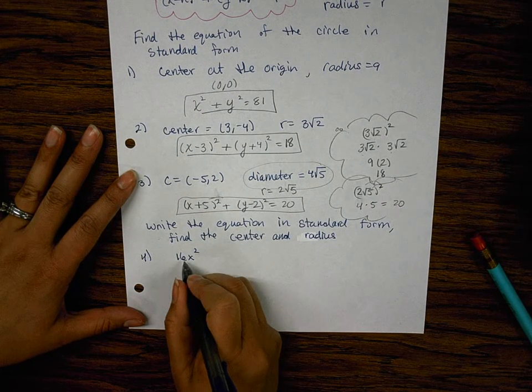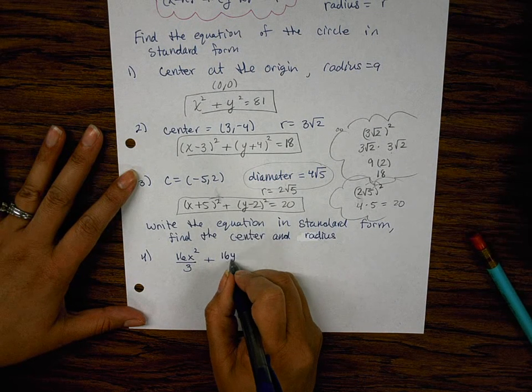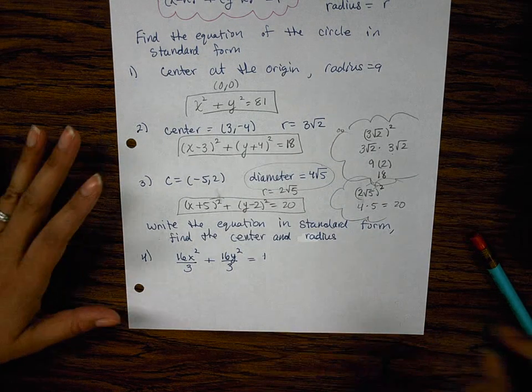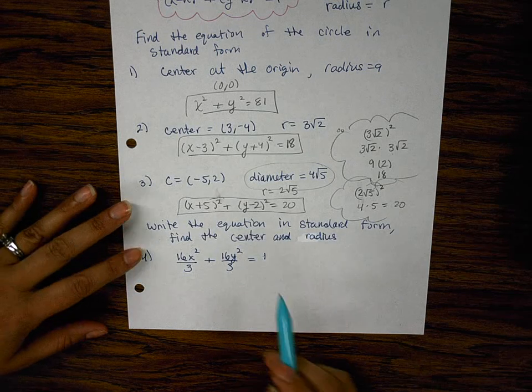Number 4 is 16x squared over 3 plus 16y squared over 3 equals 1.